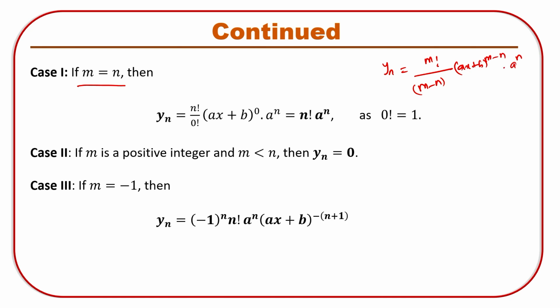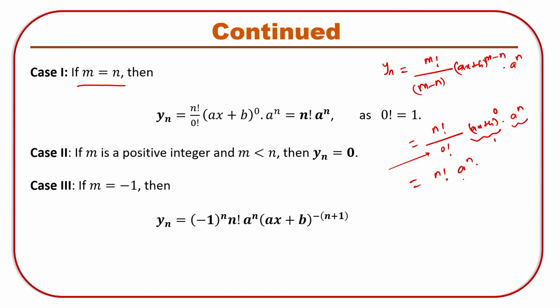So put m equal to n: this becomes factorial n divided by factorial 0, into (ax plus b) power 0, since m minus n is 0, into a power n. So this will be factorial n, and factorial 0 is 1 and (ax plus b) power 0 is 1 as well. So factorial n into a power n, and all the other values are 1.